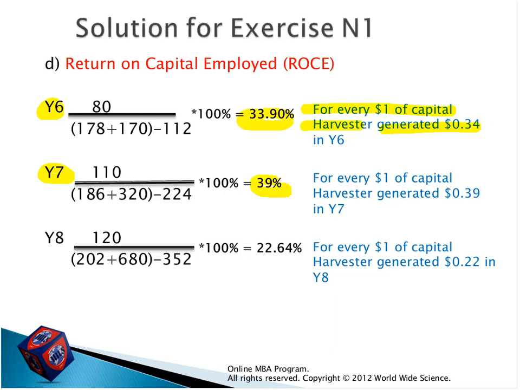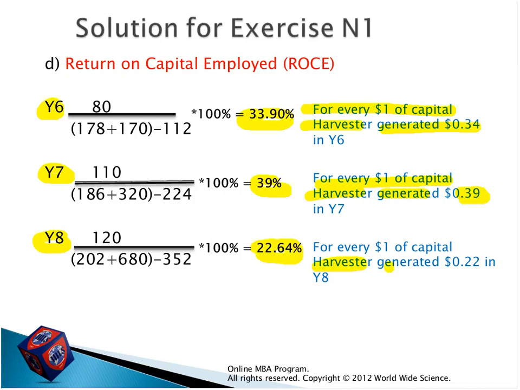That means that for every $1 of capital, the harvester generated 39 cents of profits. Next one, year 8, we have 22.64, around 23%. That means for every $1 of the harvester company's capital, they have got actually 22 cents of profits, or in percentage 22%.